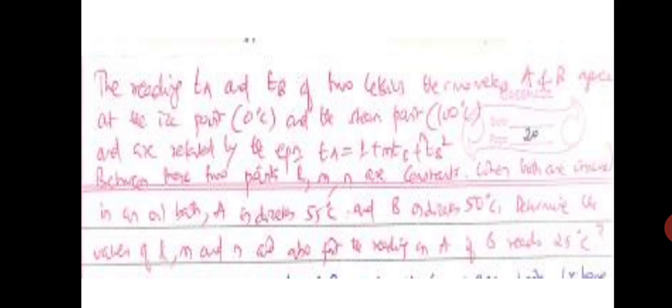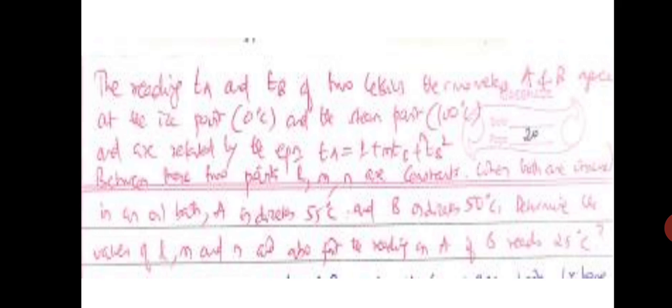When both are immersed in an oil bath, A indicates 55 degrees centigrade and B indicates 50 degrees centigrade. Determine the values of L, m and n and also find the reading on A if B reads 25 degrees centigrade.